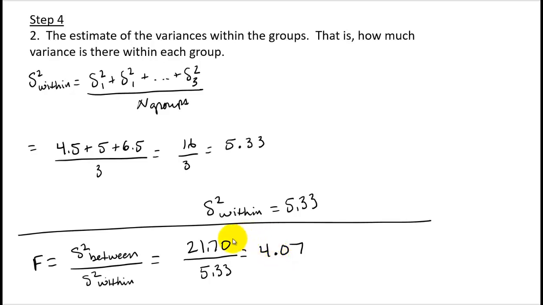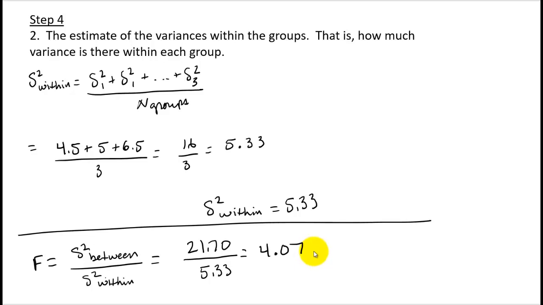What this means is that there is a greater deal of variance between the groups, meaning that the group means are far apart, and there is relatively little variance within the groups, meaning that we have groups that are spread out far apart from each other, and their curves are not so wide that they overlap greatly. That gives us an F ratio of 4.07.